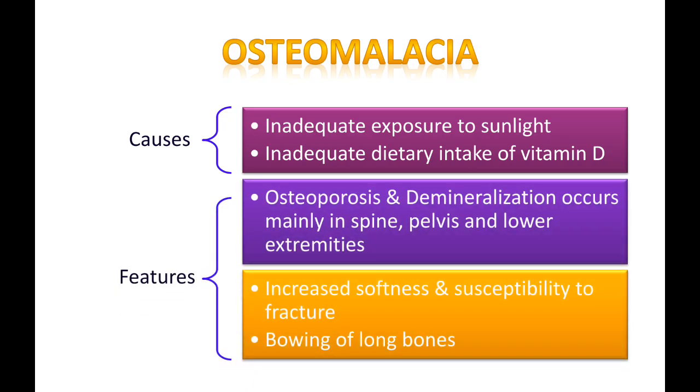So what are the features of osteomalacia? Whenever vitamin D is decreased, that leads to osteoporosis and demineralization, occurring mainly in the backbone, that is spine, pelvis and lower extremities, because there are low serum calcium levels, which leads to increased bone resorption to normalize the calcium levels in the blood.